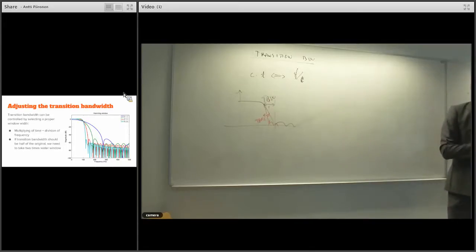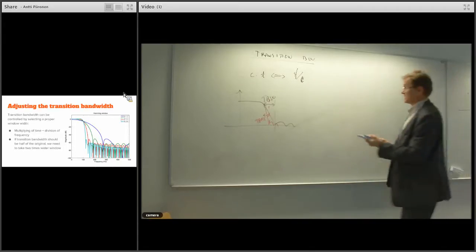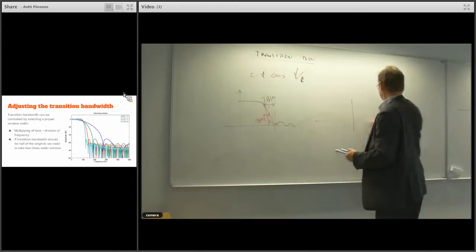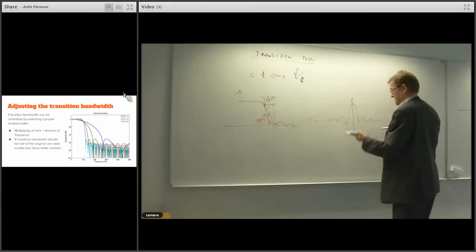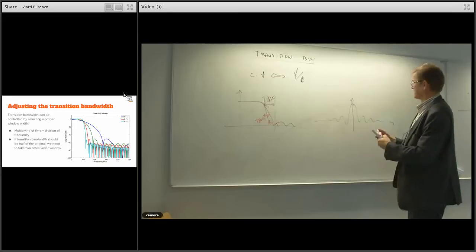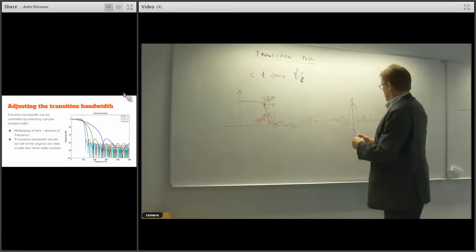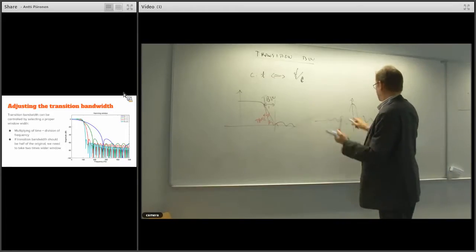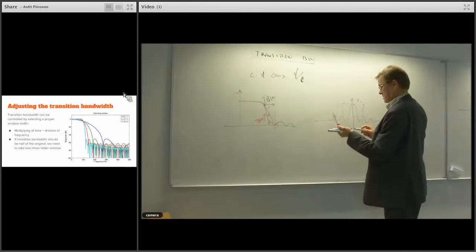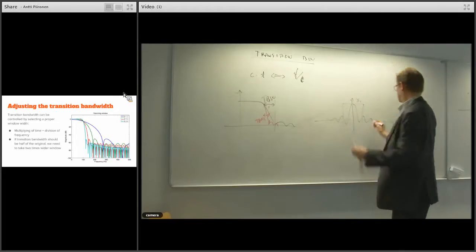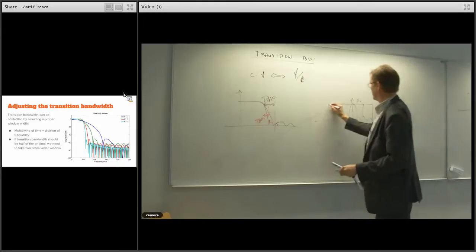And how do we multiply the time? If our original sampled sinc originally was up to here, window 1, you just take a wider window.